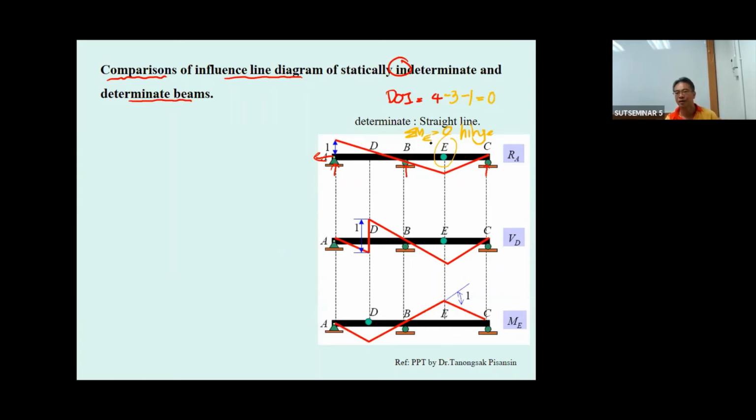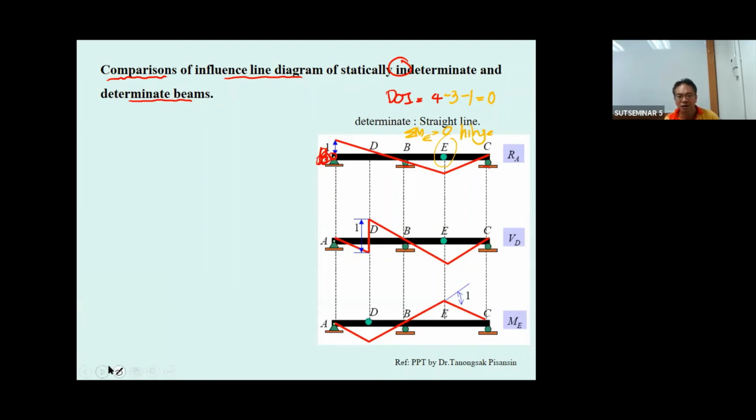Now, you use the Müller-Breslau principle again. Just release this one, just take this one. Change this one into a roller in this direction.